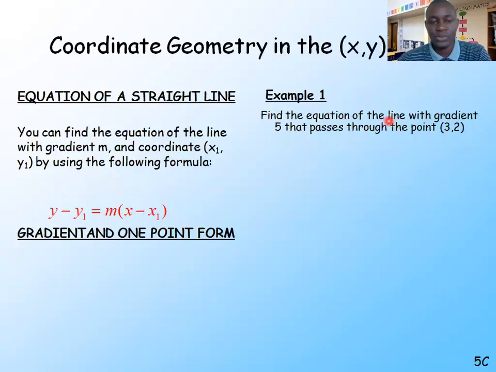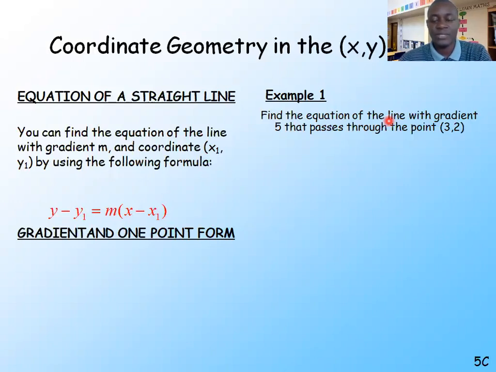In this particular lesson, we're going to be finding or working out the equation of a straight line. Last time, we identified the gradient and the intercept from a given equation of a straight line. The equations in the last lesson were given either in the gradient intercept form or in the general form.